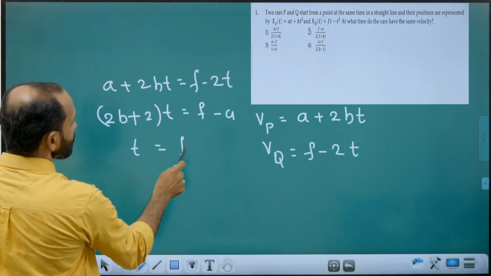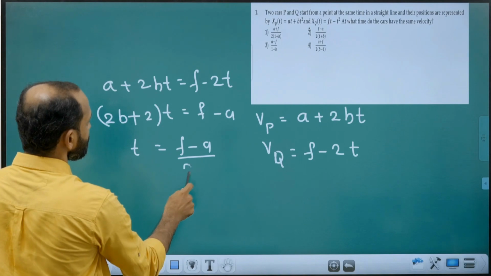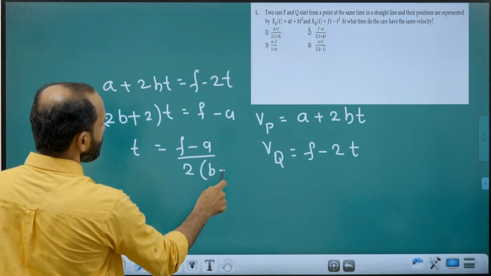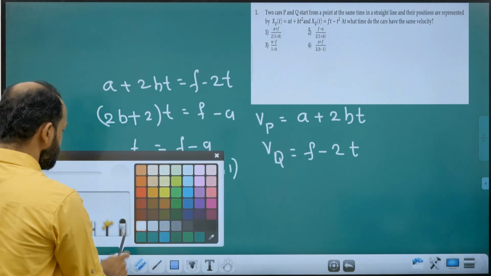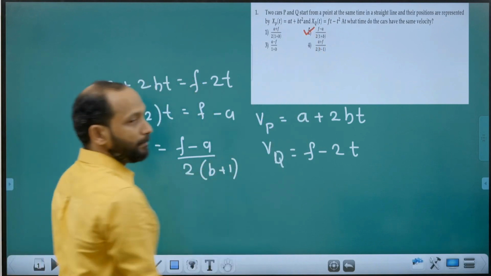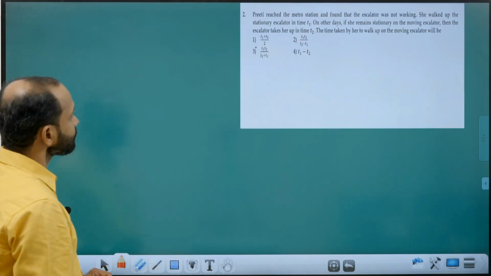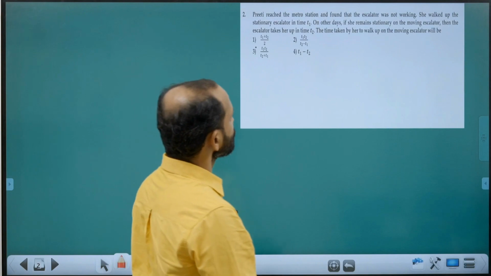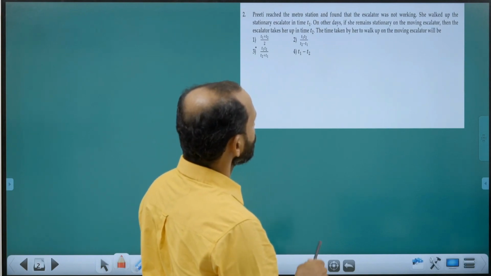So t is equal to (f minus a) divided by 2 into (b plus 1). So the right choice is option B.